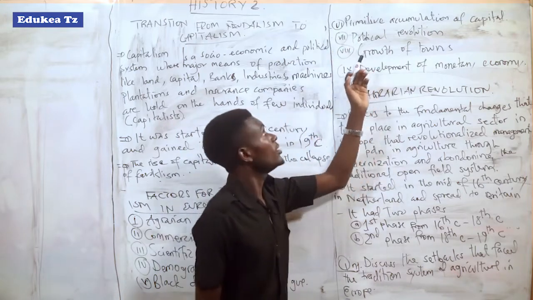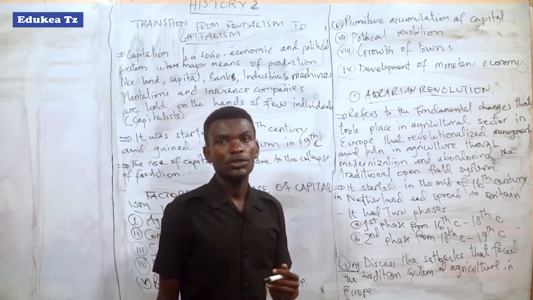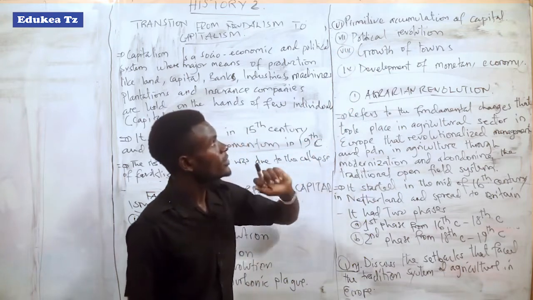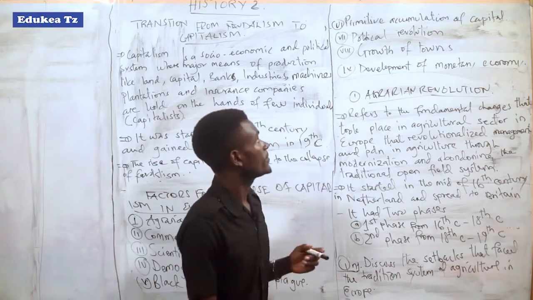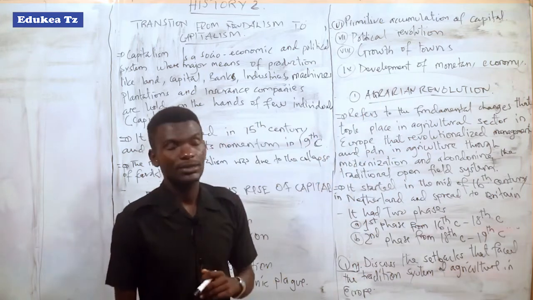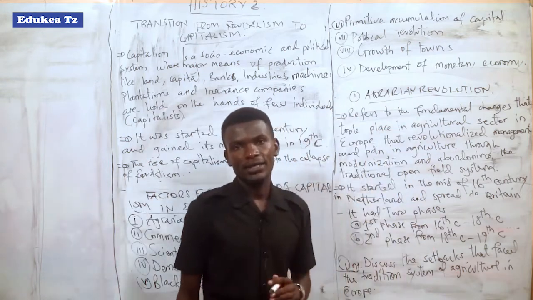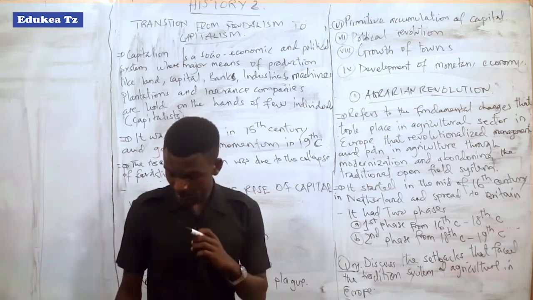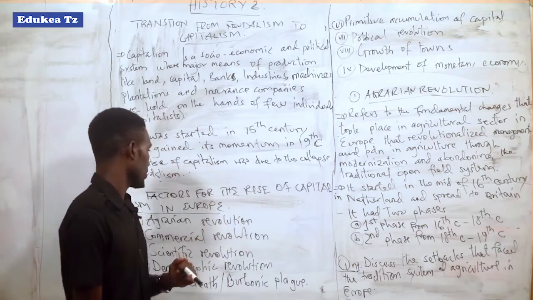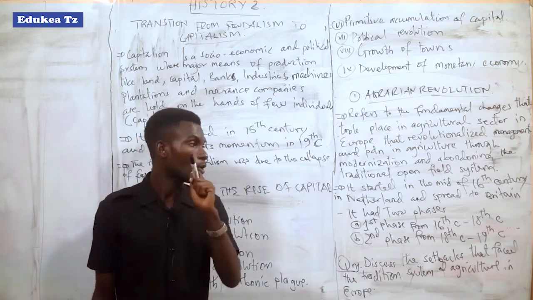The sixth one is primitive accumulation of capital. Another one was political revolution. Another was growth of towns, and the last but not least, development of monetary economy. So after mentioning those factors that led to the rise of capitalism in Europe, I'm going to explain one after another.